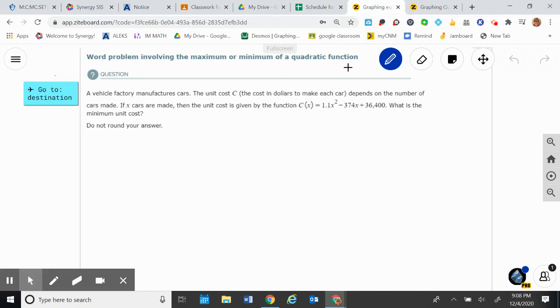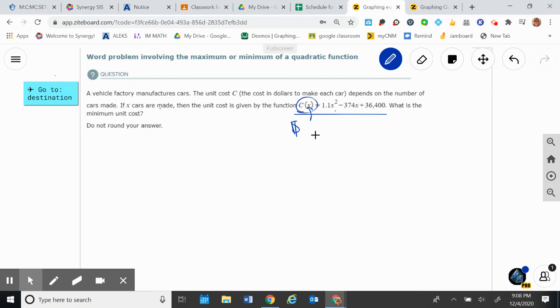I'm going to have to go over here because we have a couple more to do, a couple of word problems. In the word problems, all I want you to do is look for the equation. Then they're going to tell you what C equals and what X equals. So C is the cost in dollars, so this side is money.